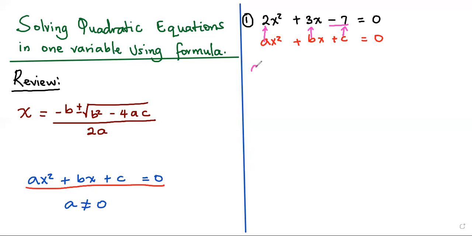So we can say that a is equal to 2, b is equal to 3, and c is equal to negative 7.